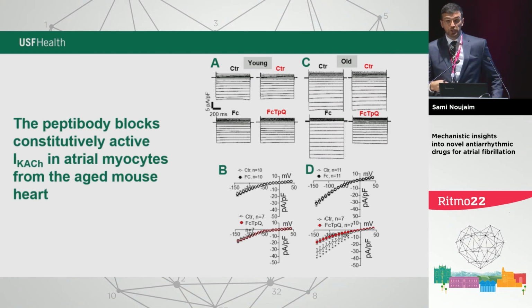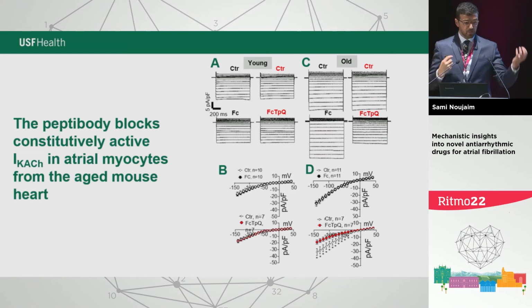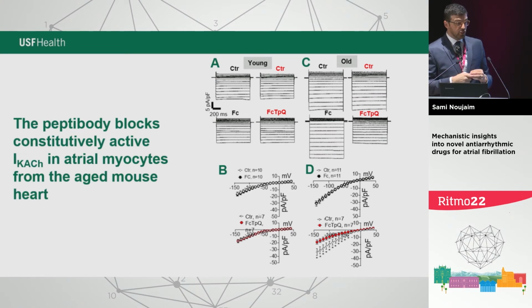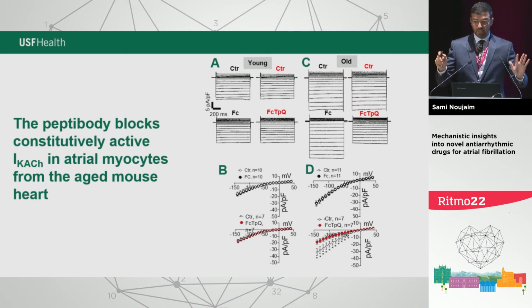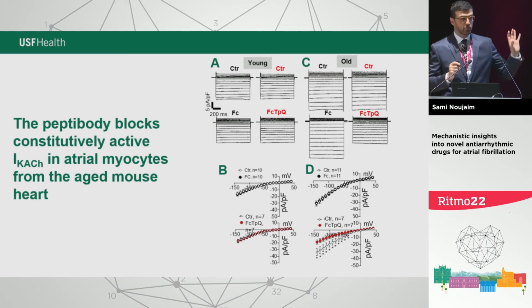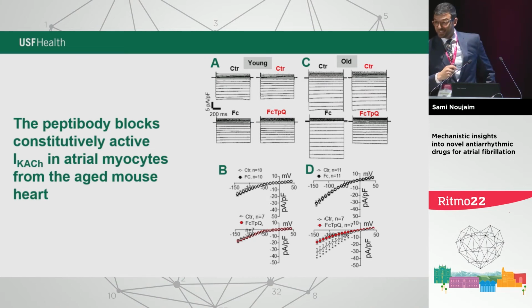To answer that question, we took two groups of mice, young mice, which were about 3 to 5 months of age, and a group of old mice, which were more than 20 months of age, and we consider those old. Those would correspond to about a 75 or 80-year-old person. Although for people, I'm not saying that 75 or 80 is old, just for the mice.